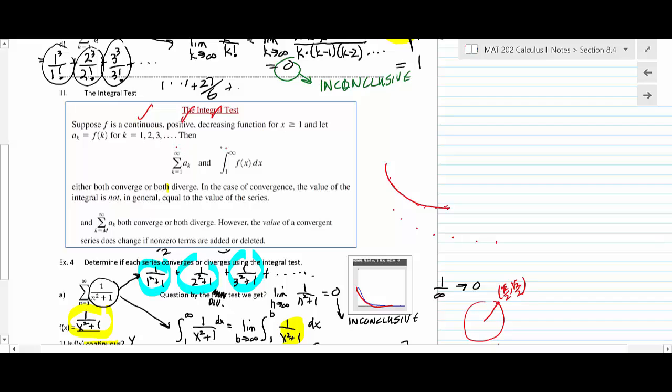Then if you compare the infinite series with the improper integral based on a function, either both of these things are going to converge or both of them are going to diverge. So if you established that the improper integral converged, then what would be the result of the series? Converge also. If you established that the improper integral diverged, then the series diverges also. That's what you're doing with the integral test.